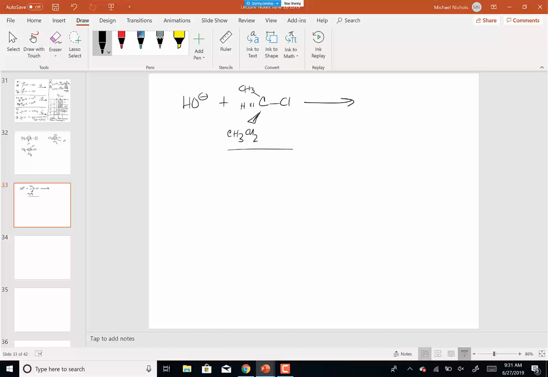So can you write the mechanism with the arrows, with the transition states of this reaction? And then, if you can blow through that one, let me put bold and dashed wedges in here.